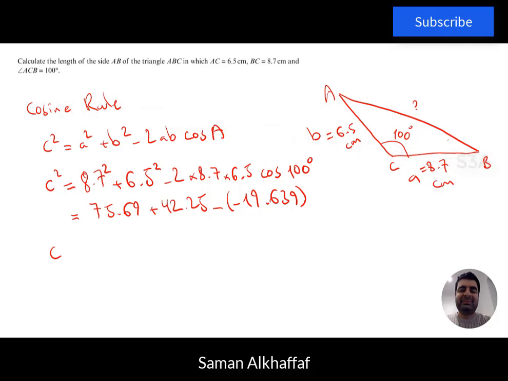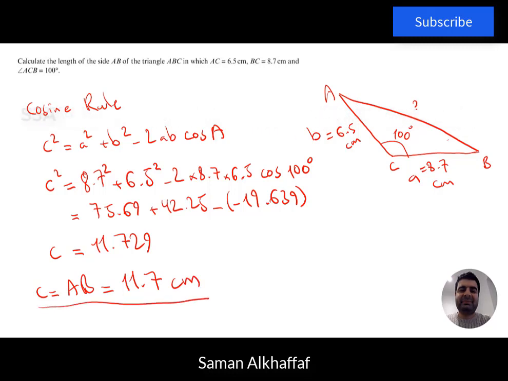That would give us c being 11.729. So now this is equivalent to AB. We can take 3 significant figures, that will be 11.7 centimeters, and this will be our answer for this question.